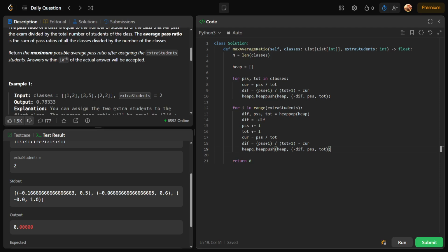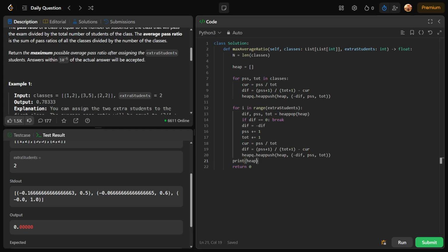And when can we break out? If it's 0, we just break out. If the difference is equal to 0, then we break.